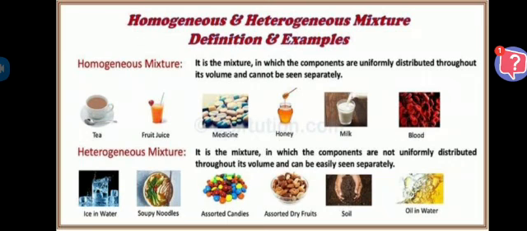Before going to that, all of you know that a mixture is a combination of two components. Accordingly, mixture is divided into two parts: one is the homogeneous mixture, another one is the heterogeneous mixture. A homogeneous mixture is the mixture in which the components are uniformly distributed throughout its volume and cannot be seen separately.